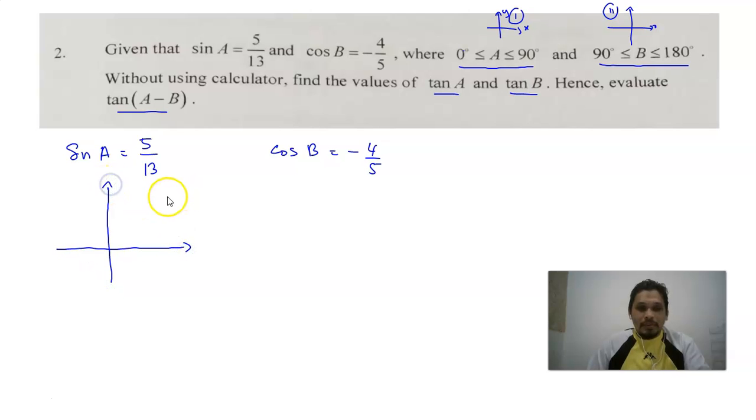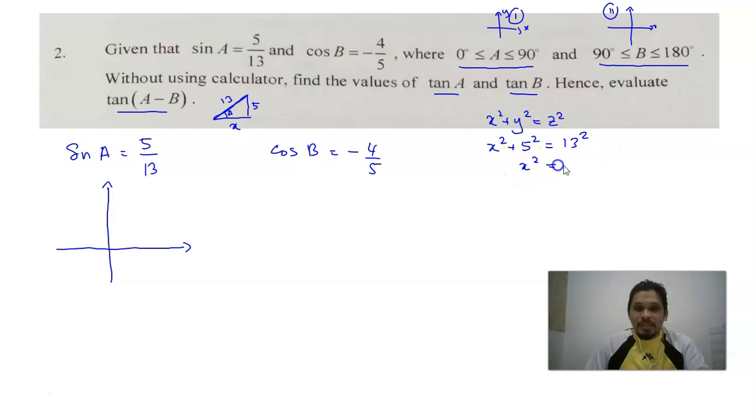So now we are going to determine the triangle of this sine A. Okay, so for the triangle, we just imagine that if this is the angle A, then sine is opposite divided by hypotenuse, 13. And then we are going to use the Pythagoras theorem: x squared plus y squared equal to z squared, and this is the hypotenuse, which represents z. So x squared plus 5 squared equal to 13 squared.